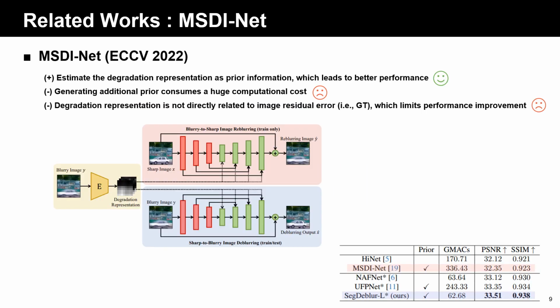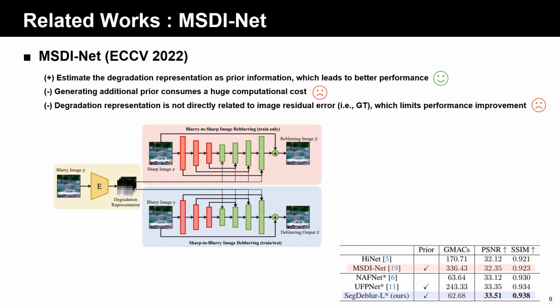Before we discuss the details of our method, we introduce some related works here. Since our discrete image residual error is regarded as a self-generated prior information, our method can be interpreted as a type of deblurring methods like deblurring with prior information. MSDINet is one of the deblurring methods with prior information. It estimates the degradation representation as prior information and uses it for deblurring and reblurring procedures.